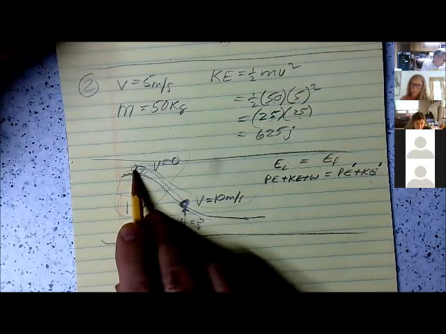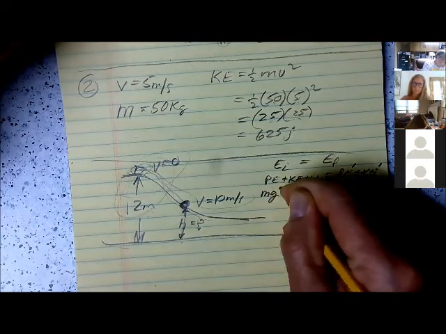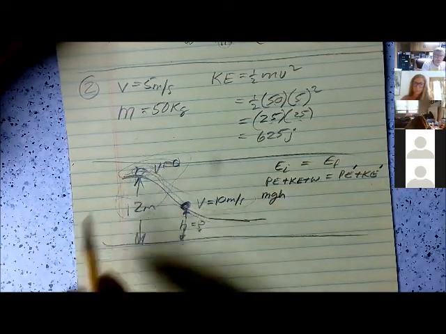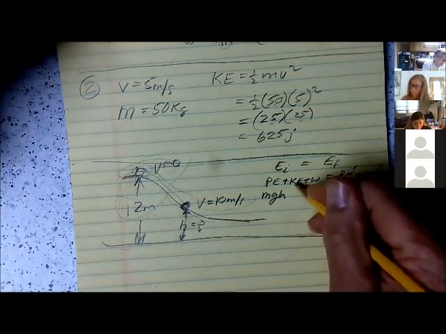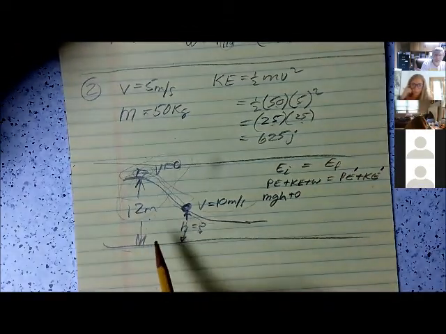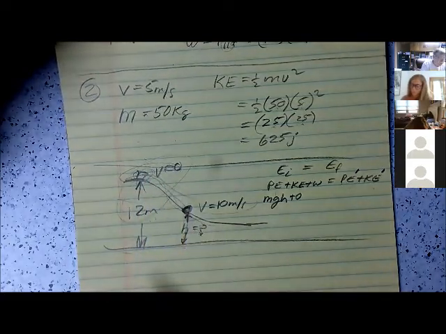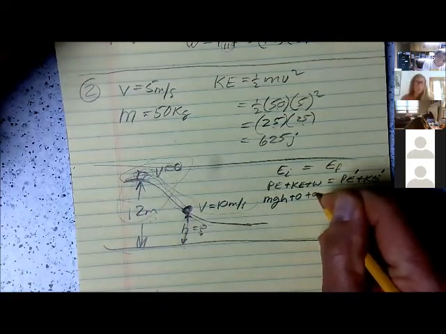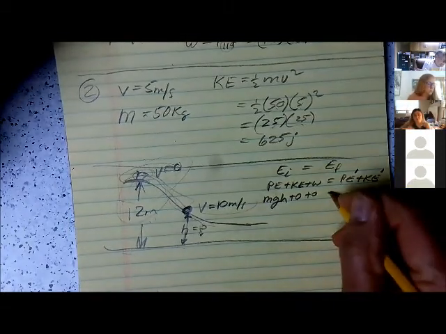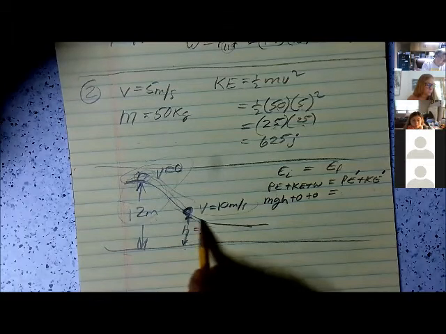When the block is here, it has potential energy, so I'm going to write mgh. When the block is there, the speed was 0, so kinetic energy goes to 0. There's no work done, no work was mentioned, and the surface is frictionless. At the end, we do have potential energy because we want to know what the height is.